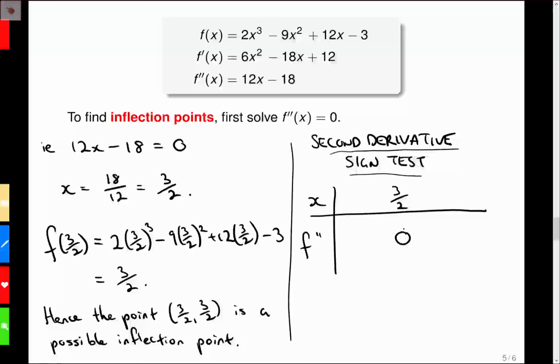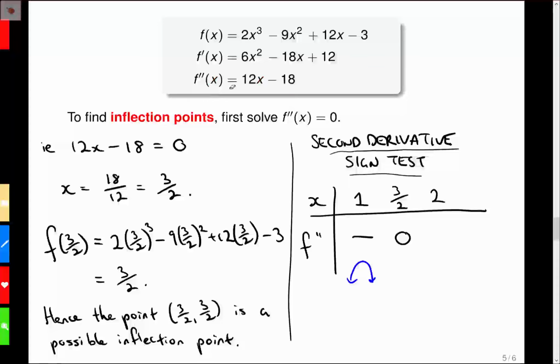We then choose an x value slightly to the left, for instance 1, and one slightly to the right, for instance 2. We then want to test the sign of the second derivative at these x values. If you substitute x equals 1 into the second derivative, you get 12 minus 18, which is negative 6, which is certainly a negative number, telling us that at x equals 1, the function is concave down.